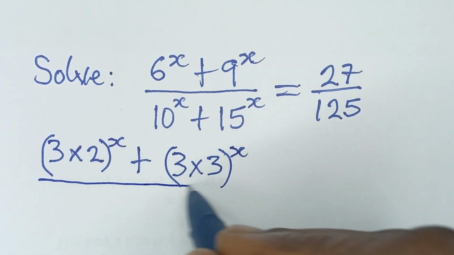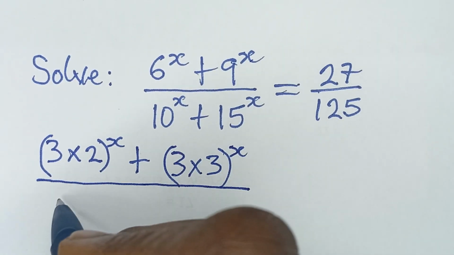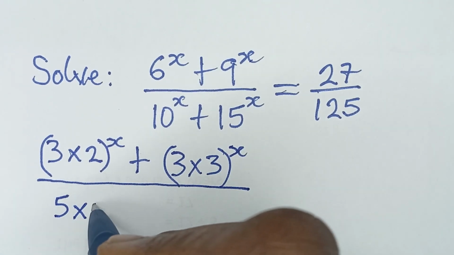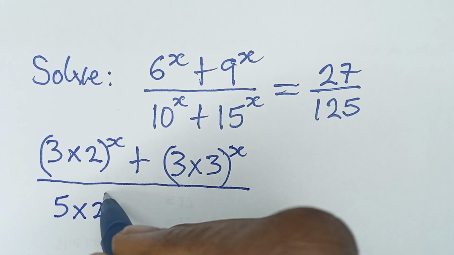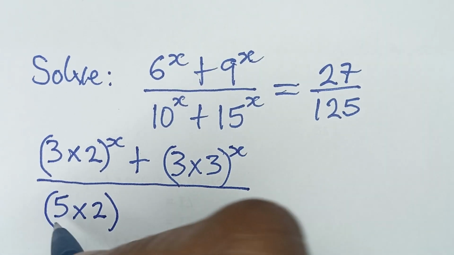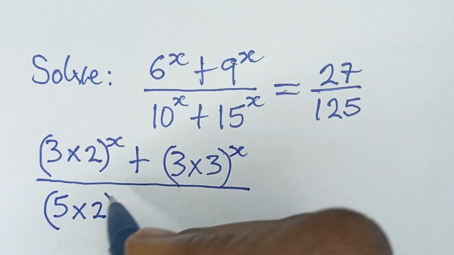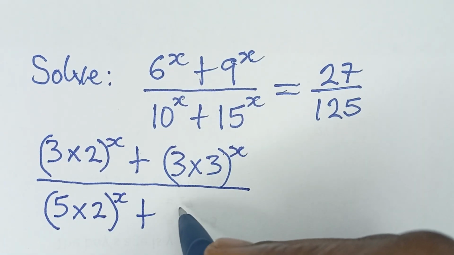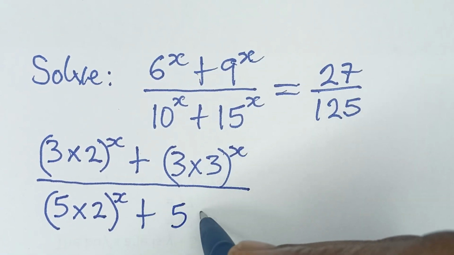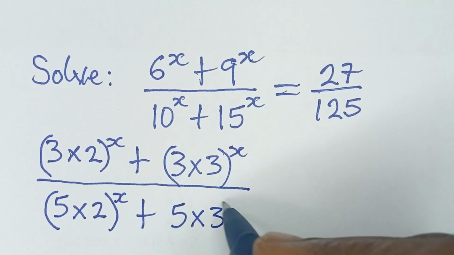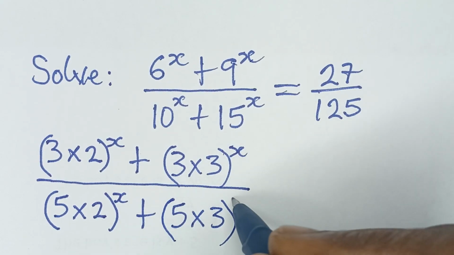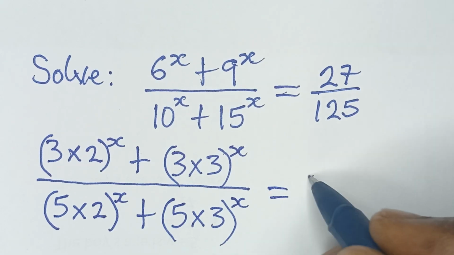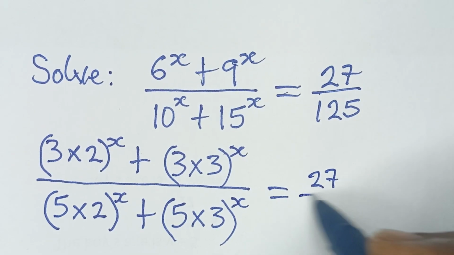And then all divided by 10, which can be broken to the factors of 5 multiplied by 2, then all raised to the power of x there. And then plus 15 can be broken to 5 multiplied by 3, all raised to the power of x. And then everything is equal to 27 divided by 125.